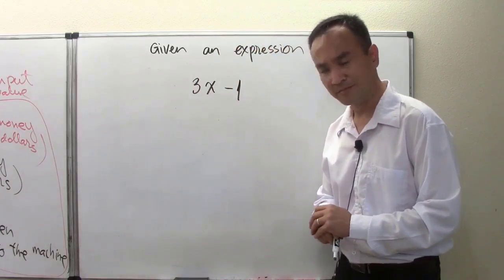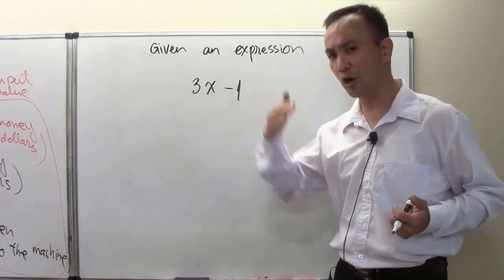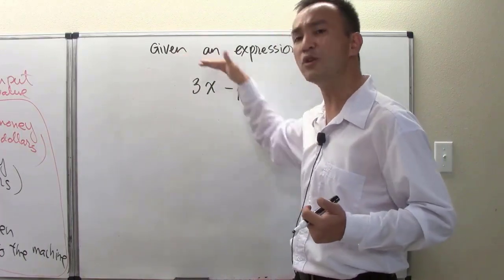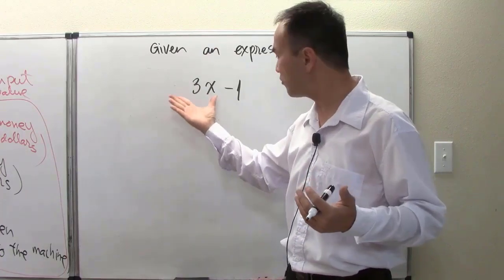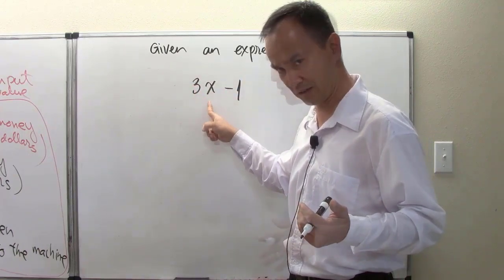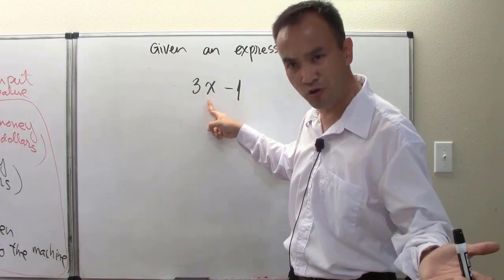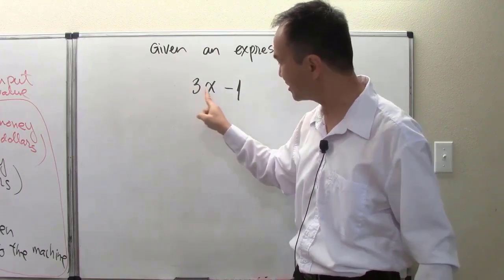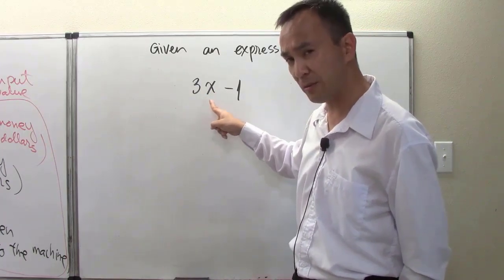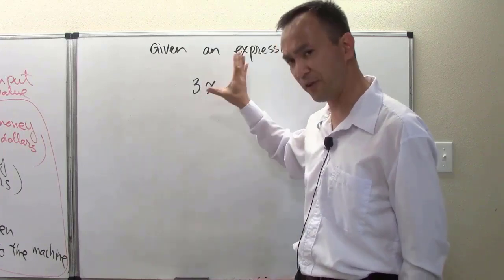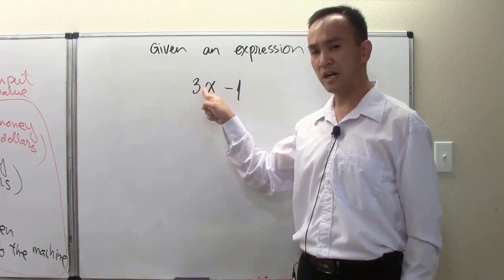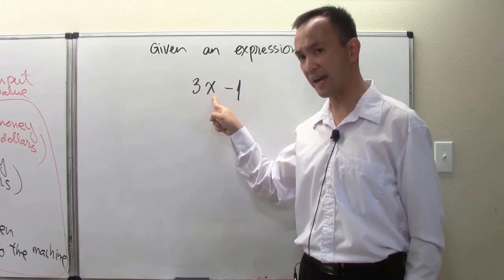It indicates to any reader that once you know the value of the variable, you simply multiply the value represented by this variable by 3 and subtract 1. So for now, it's simply an algebraic expression: 3 times the quantity represented by the variable x, minus 1.